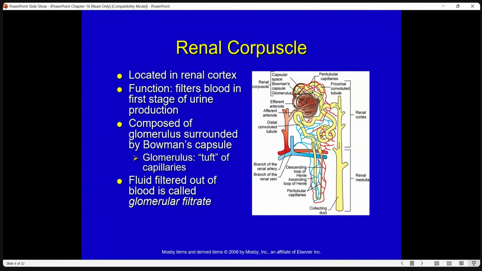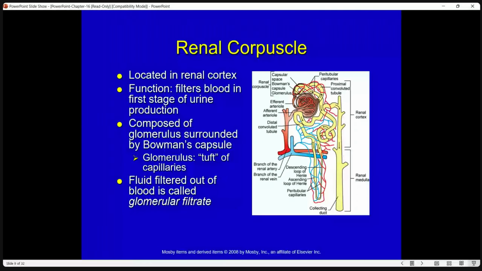Here is where ultrafiltration happens. Water is able to pass through this membrane. Electrolytes like sodium and potassium are able to pass, but blood components like white blood cells cannot pass.